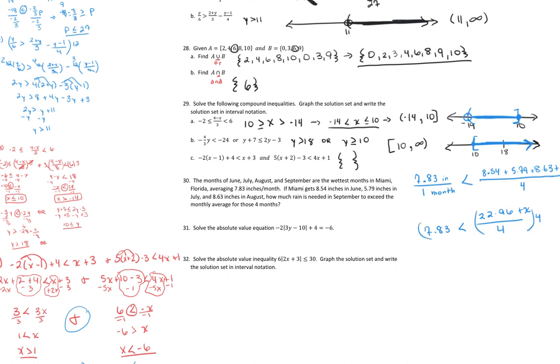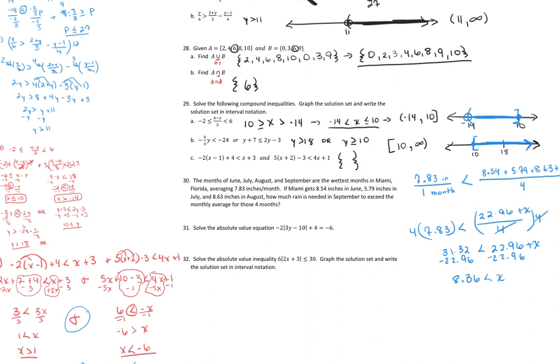Multiply through by this 4 to get rid of it here. And then we will have a 31.32 on this side is less than 22.96 plus x. And then if we get rid of this 22.96, we will be left with 8.36 is less than x.